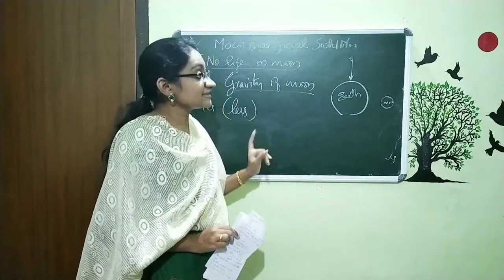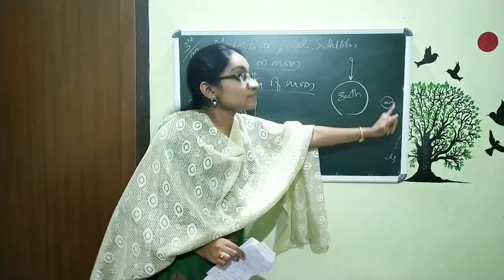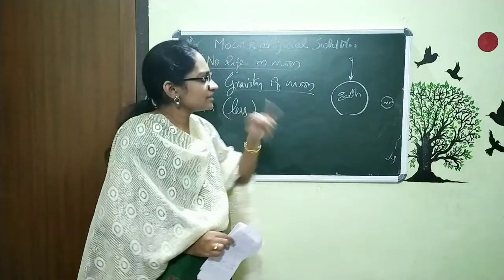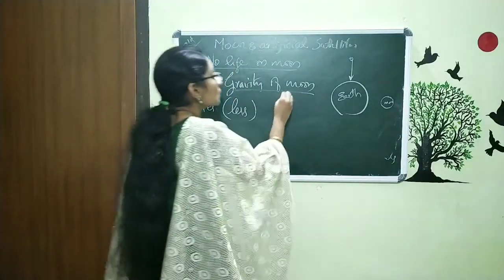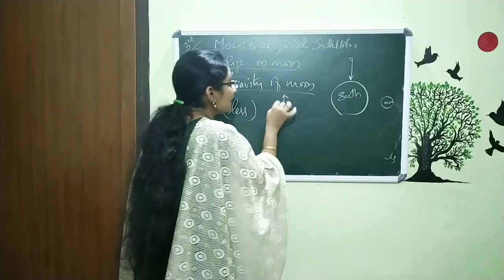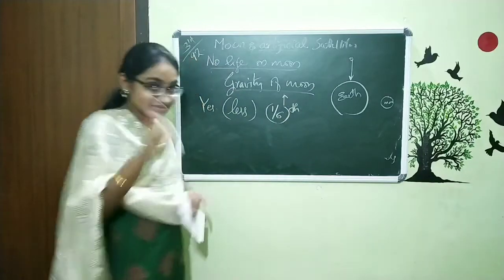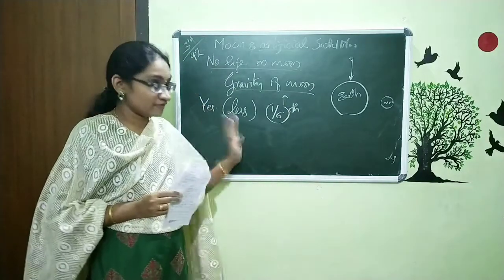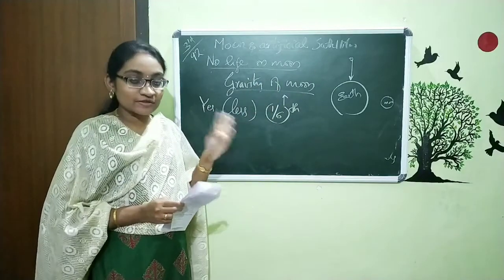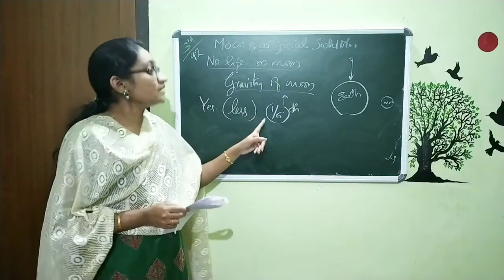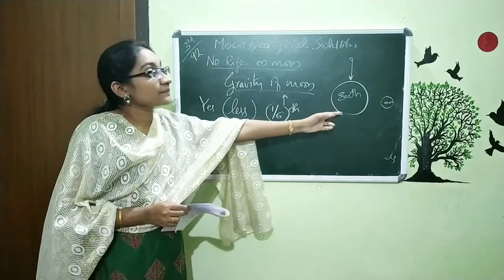So because of the lesser mass, the moon has less gravity. And for the moon, the gravity is 1/6. 1/6 means we just divide the gravity of earth by 6. So that is 1/6 of earth gravity.